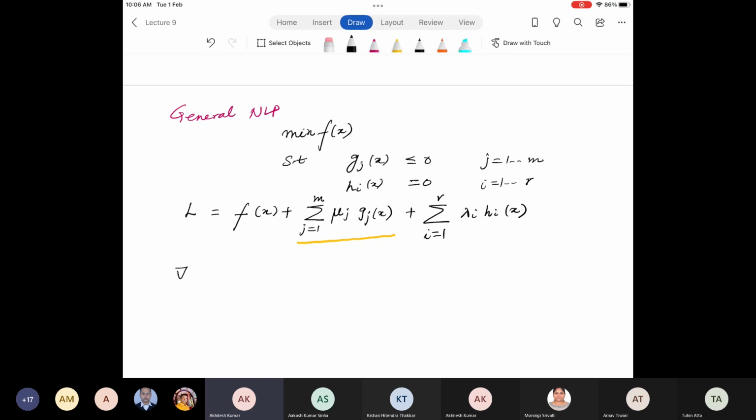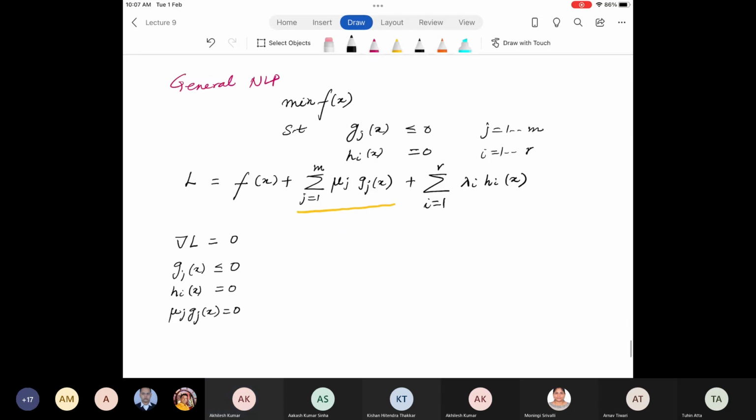You do del L equals 0 with all the x's. You add Gj(x) less than or equal to 0 to check the feasibility. And you also need to check Hi(x) equals 0. And the complementarity condition: mu j times Gj(x) should equal 0.